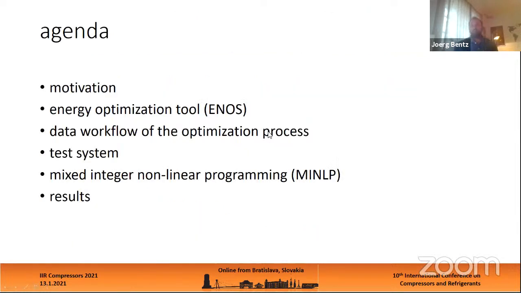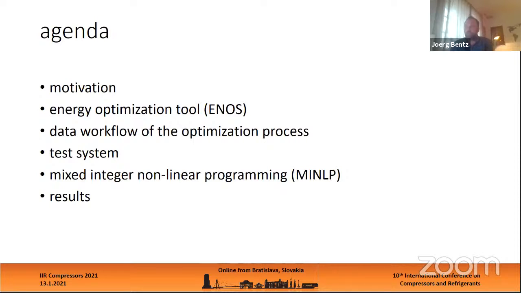Today, I would like to talk a little bit about the motivation for our research project. Then I would like to introduce to you ENOS, the Energy Optimization Tool. It's a software we are still developing. Then I would like to go into more detail on the data workflow of this optimization process.